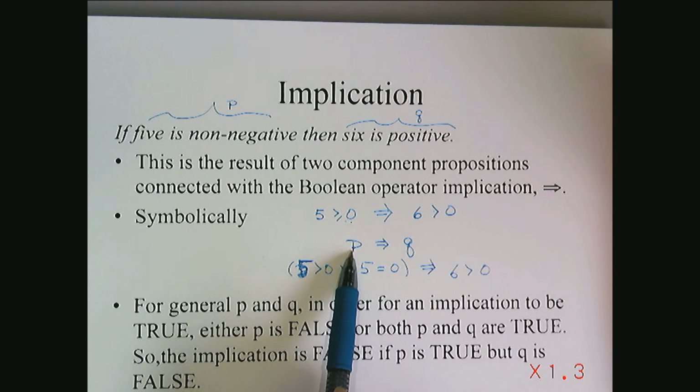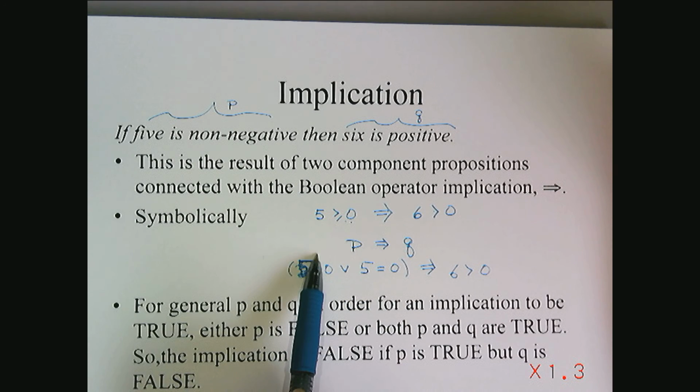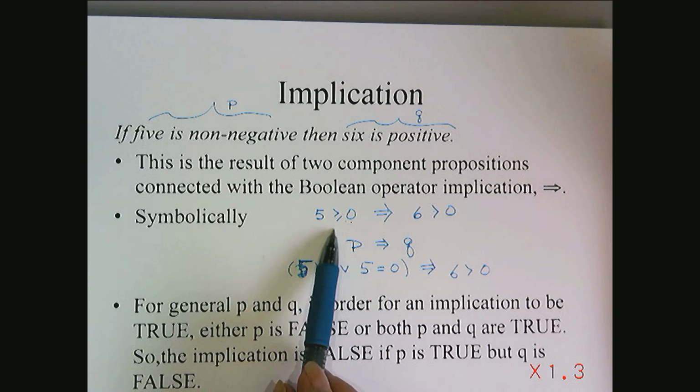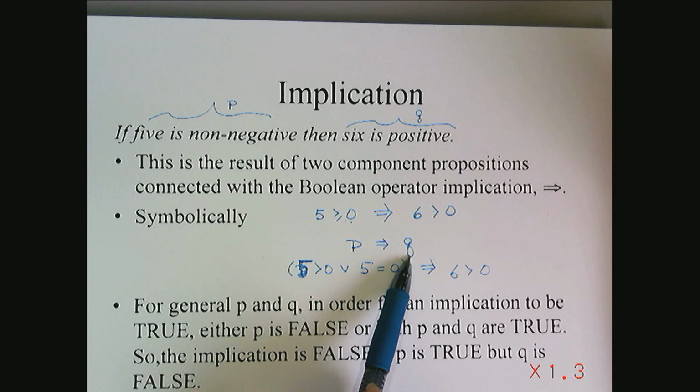If P is true, then Q must be true for the expression to be true. In other words, the only time that an implication is false is if P is true, but Q is false.